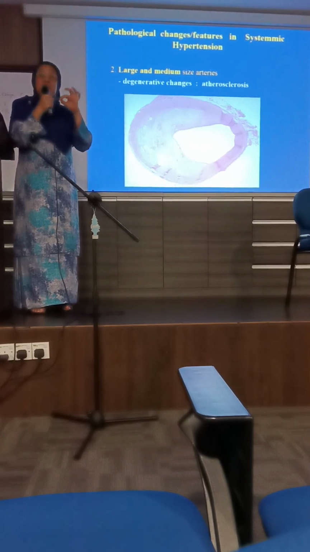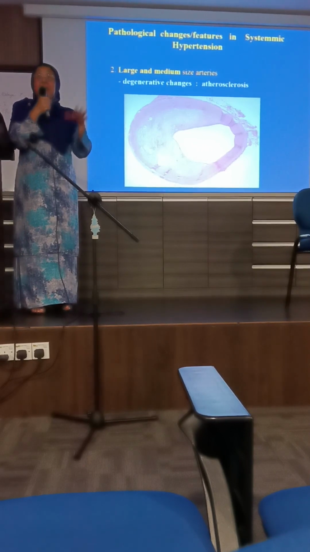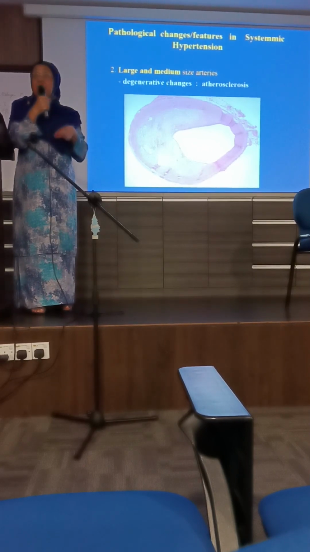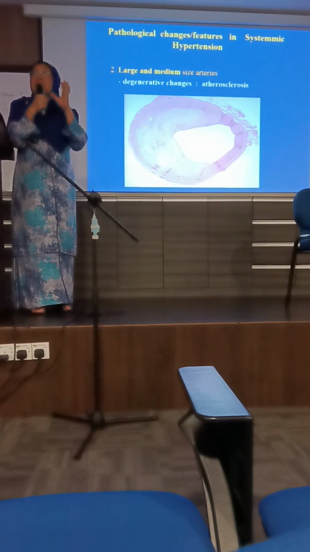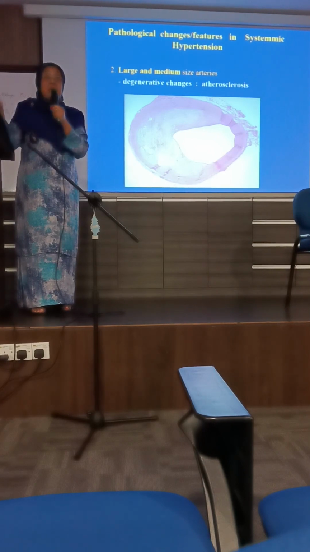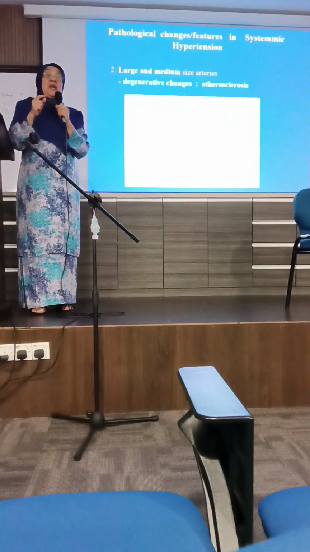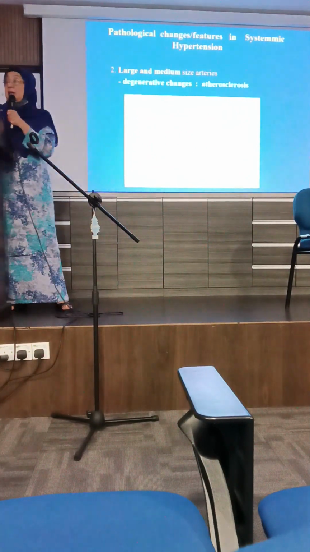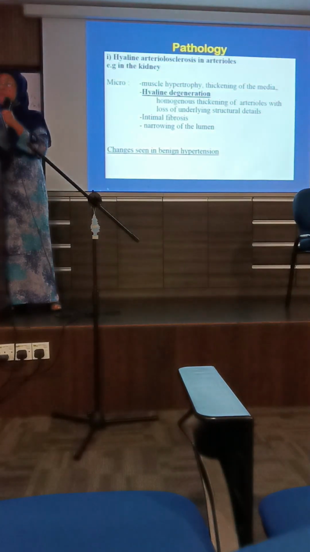Then that leads to subsequent deposition of lipid peroxidation and subsequent deposition of lipid and smooth muscle proliferation, leading to necrosis and so on and so forth. Atherosclerosis is number one killer. So hypertension is one of the risk factors, and that's the very reason why you have to advise people to not develop high blood pressure.